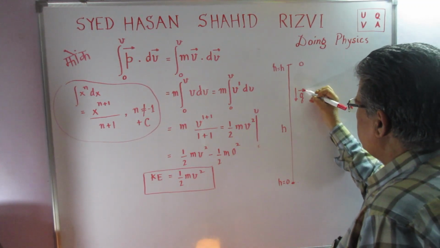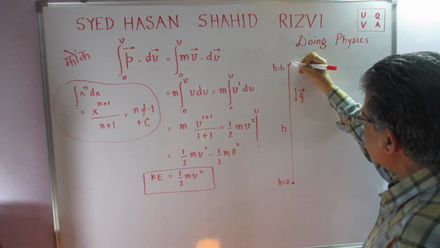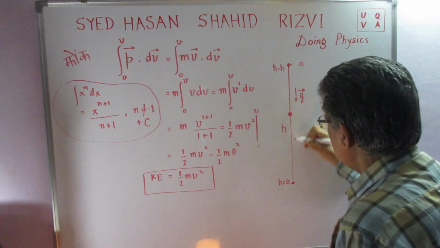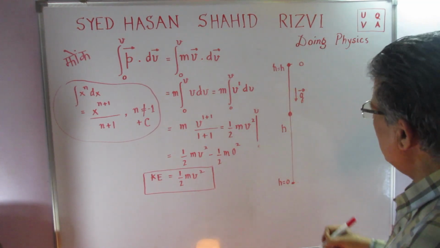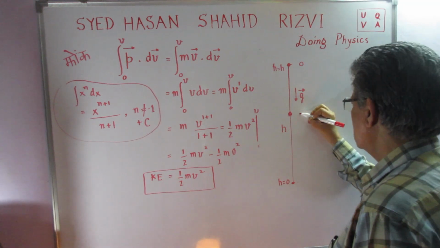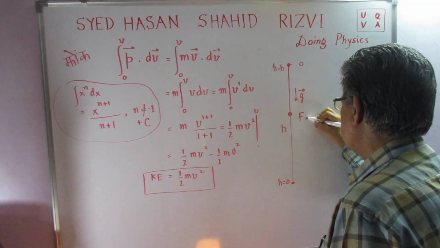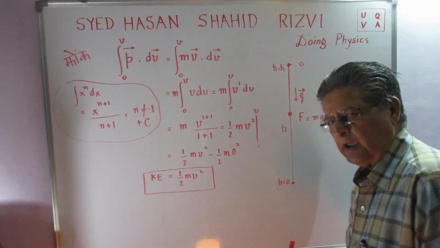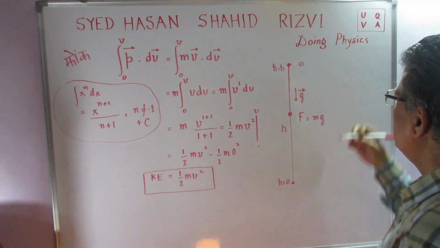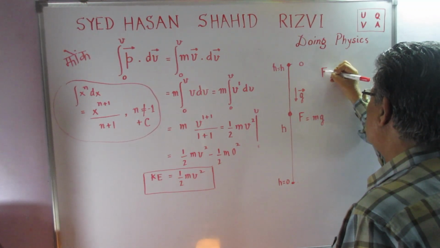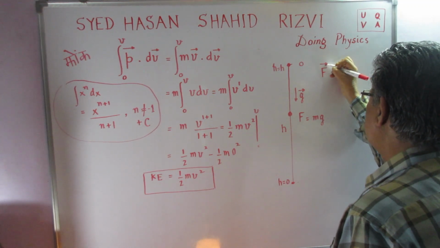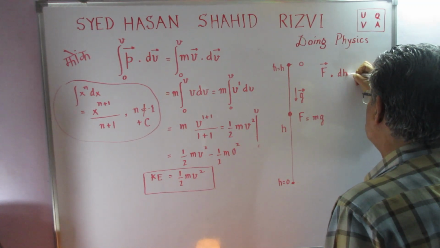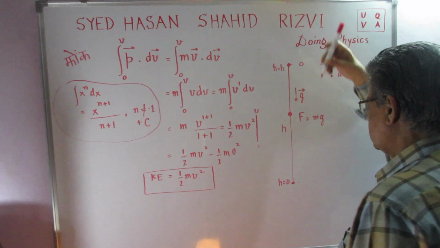So now I can say that there is a force acting on my ball here or anywhere during its free fall, and that force will be equal to mg. Now, if I do the same kind of analysis, the force being a vector, this dot dh is also a vector in the downward direction.